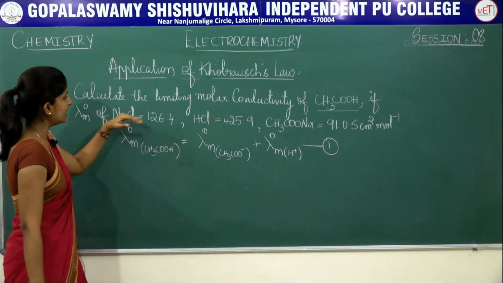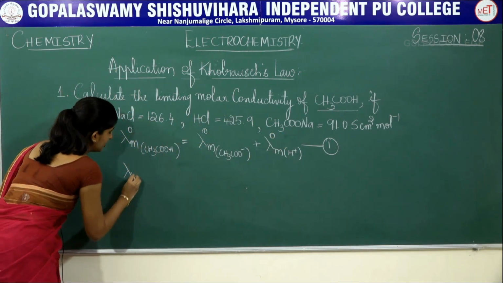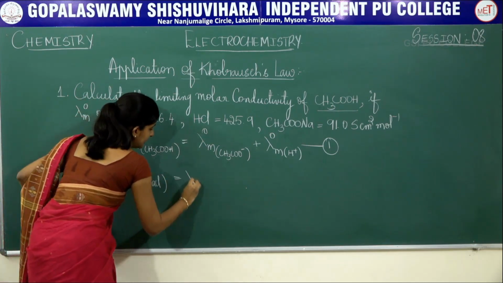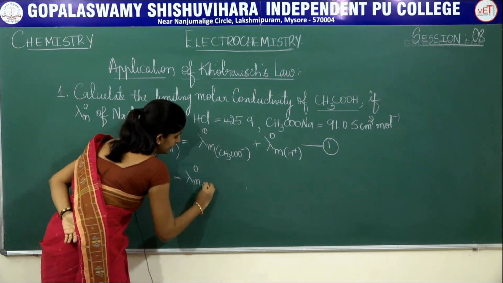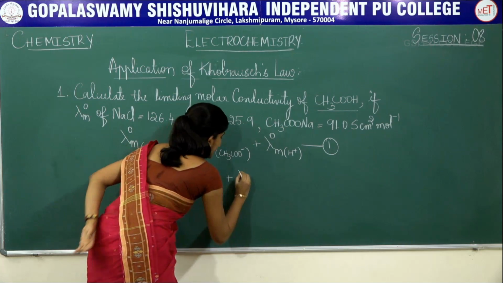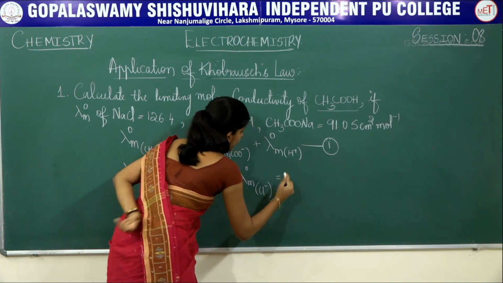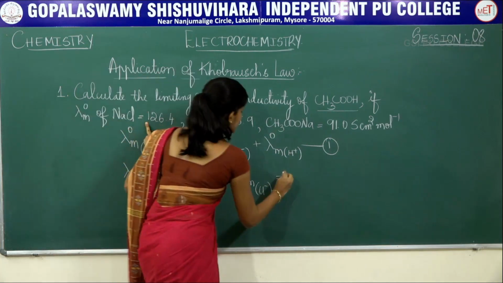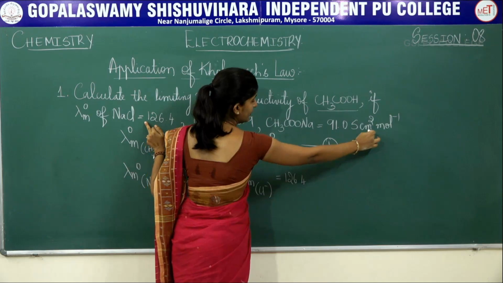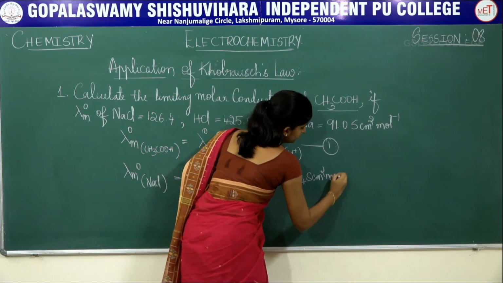The other three are NaCl, HCl and sodium acetate. So lambda m naught of NaCl, I can write this as lambda m naught of Na plus plus lambda m naught of Cl minus. The value is given, it is 126.4 Siemens centimeter square per mole.